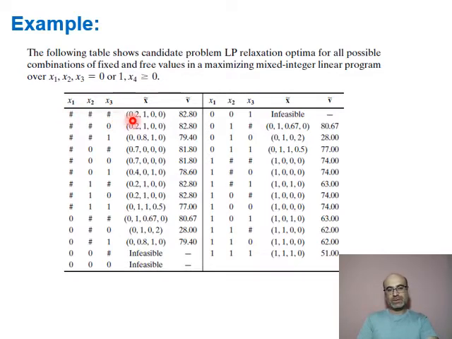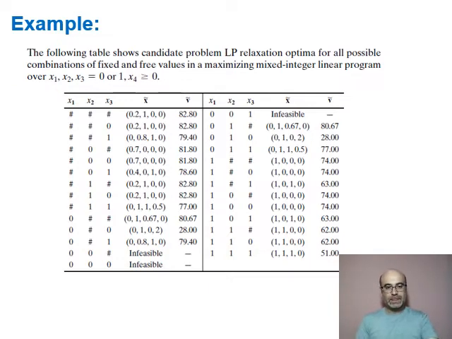So in this first row, you see x1 is free, x2 is free, and x3 is free. Let's remember what free means. Free means we relax the value of the variable. In this case, relaxing means having, for example, x1 between 0 and 1.